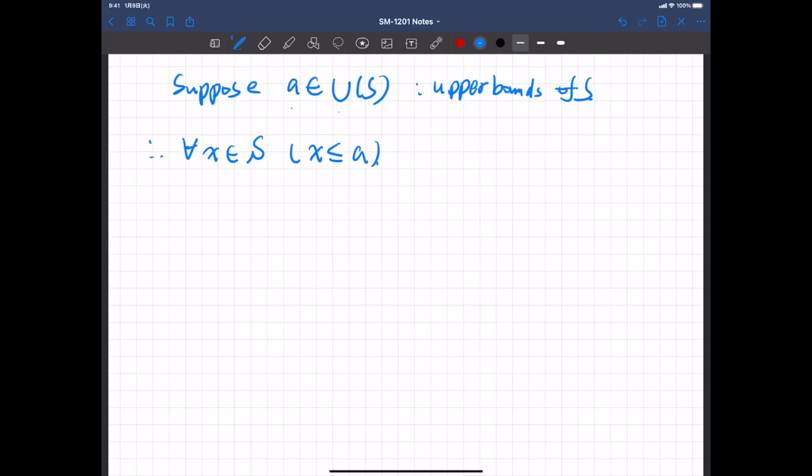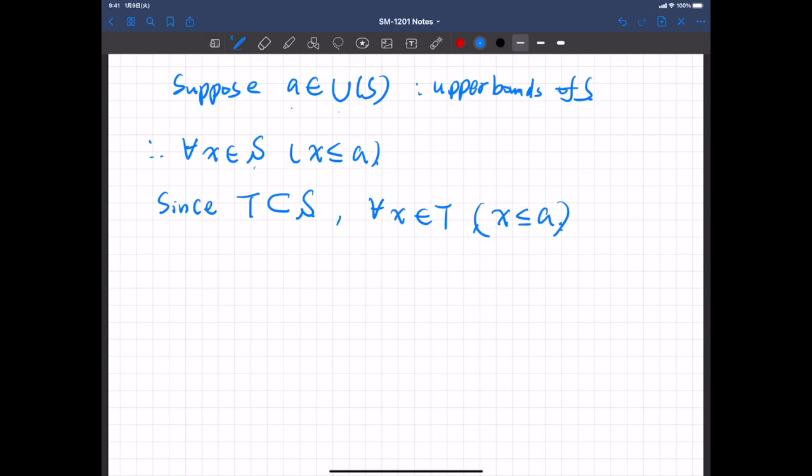Okay, but since T is a subset of S, this means for all elements x of T, we also have x less than or equal to a, right? Because all elements of T are also elements of S. That's the definition of subset.